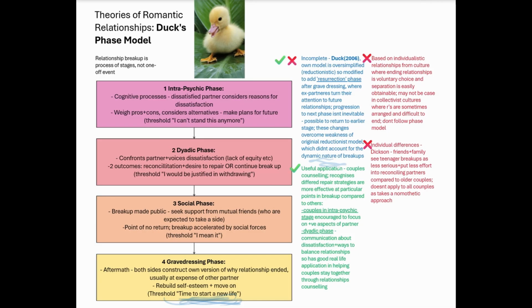Useful application. There is a useful application in couples counseling, as this whole model recognizes that different repair strategies are more effective at particular points in breakup compared to others. Couples in an intrapsychic stage are encouraged to focus on positive aspects of their partner.